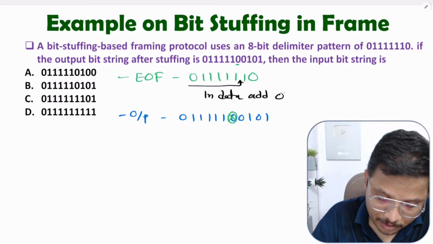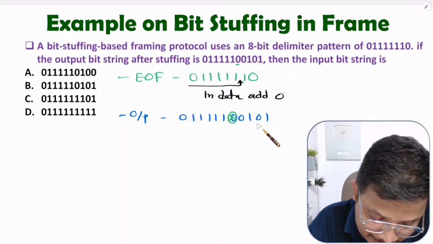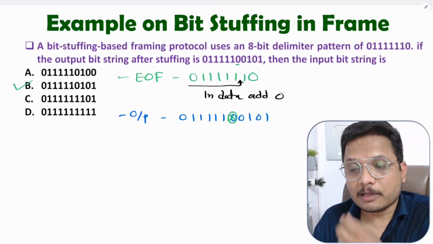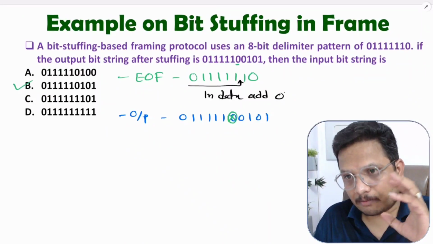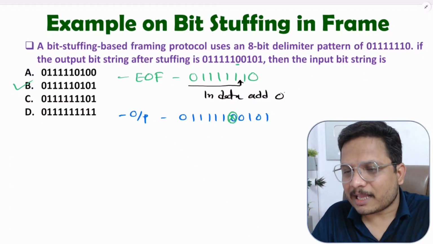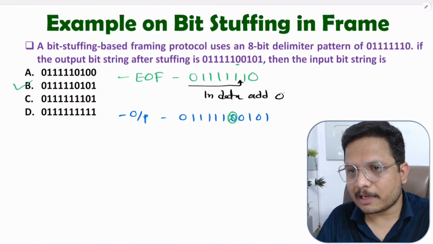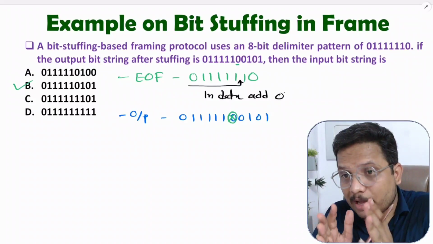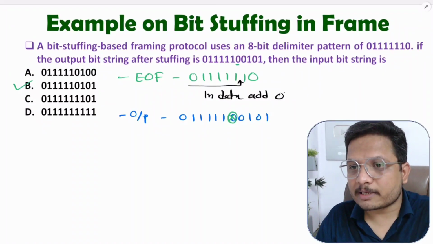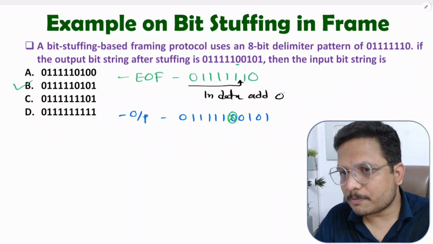So you can say your correct option is this over here. Once you understand this question, like what is bit stuffing, then you can easily resolve questions based on it. But first of all, the concept should be very clear. If there is anything you would like to ask, please note it down in the comment section. I'll be happy to help you. Thank you so much for watching this video.